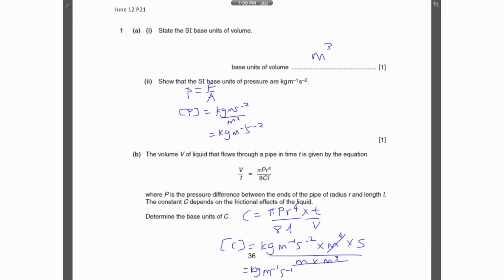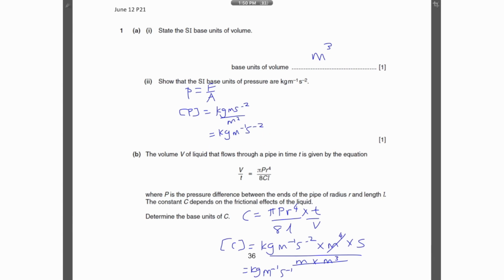For example, P equals F over A is okay. P equals rho gh is also okay. Let's say I start with P equals F divided by A. So the units of P equal the units of F, which is kilogram meter per second squared, divided by the unit for A, and that gives the units of P.